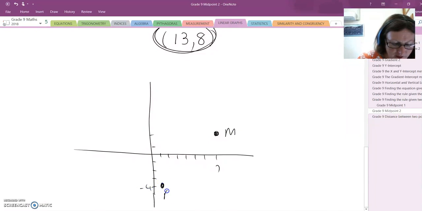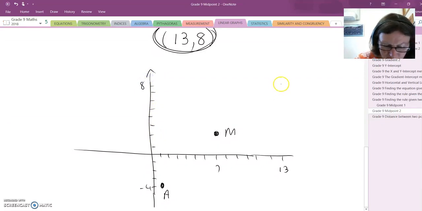That was our point A, and we have now just worked out that our point B is 13, 8. Just a very quick sketch, 1, 2, 3, 4, 5, 6, 7, 8, that our point B is up here. And we've just found that at 13, 8.